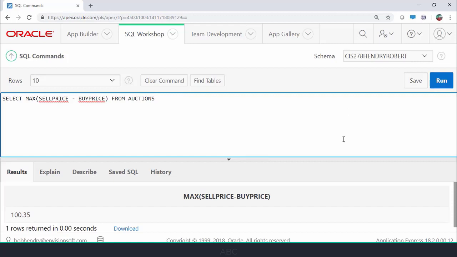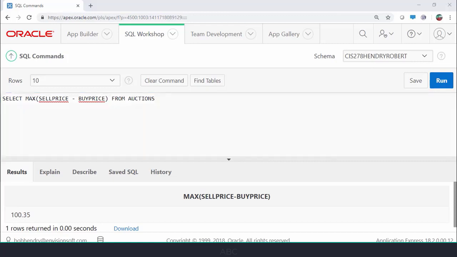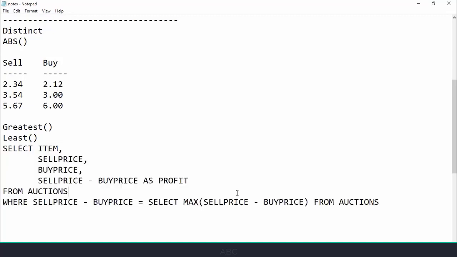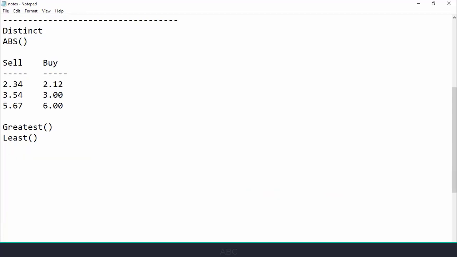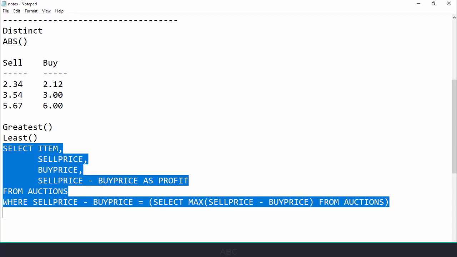All right, so let's see. Oh, pardon me. Our sub-select, I'm getting a little punchy here, needs to be in parentheses. Remember, sub-selects have to be in an open and closed paren. All right, this should solve our problems.